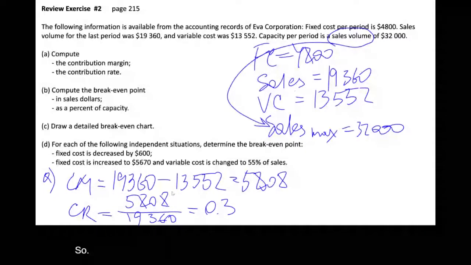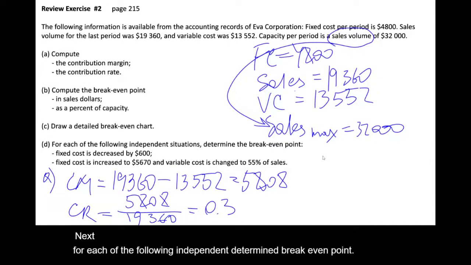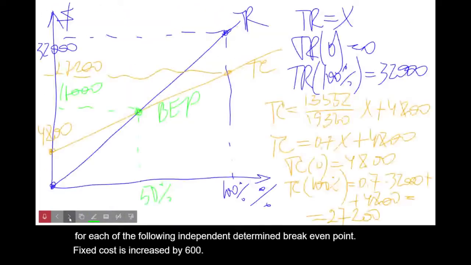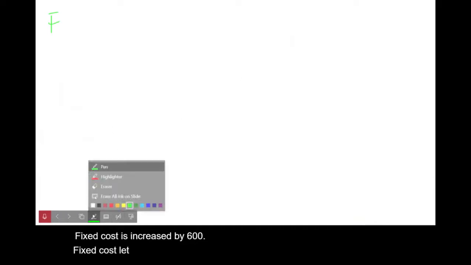Next, for each of the following independent cases, determine break-even point. Fixed cost increased by 600. So fixed cost, let me change color. Let's set it to black.